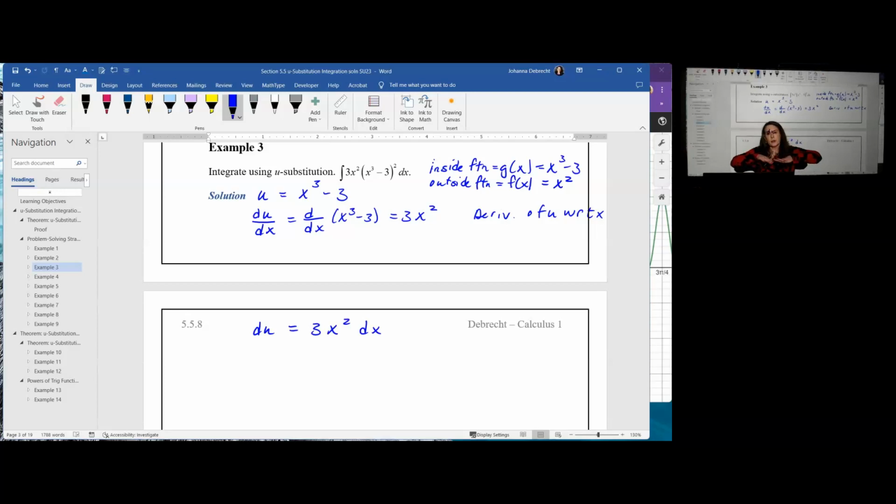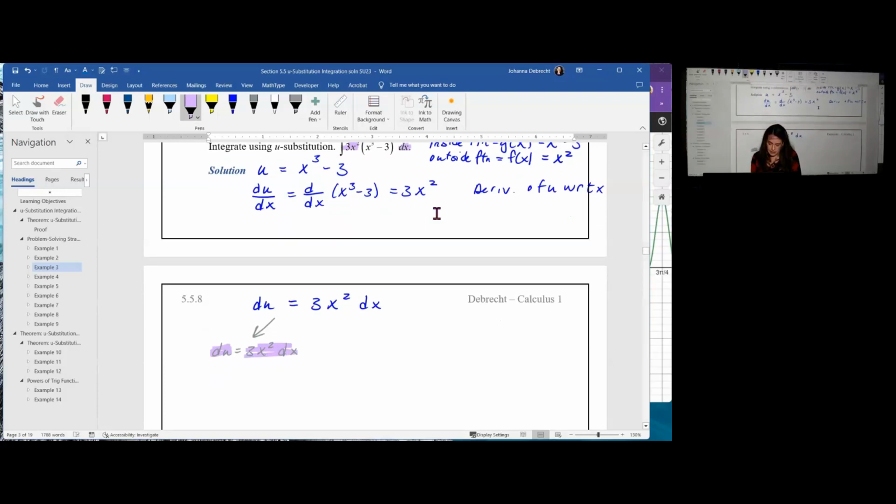Now at this point, you have a choice. You can go either way. If you choose, you can leave this as du equal to 3x squared dx, since you have exactly that inside the original integral in the highlighted part here. And that means that you can replace it with the du. Let's now take a look at what that would look like.